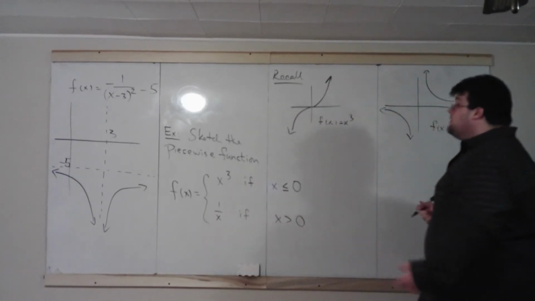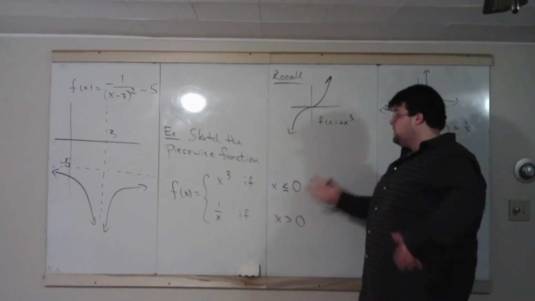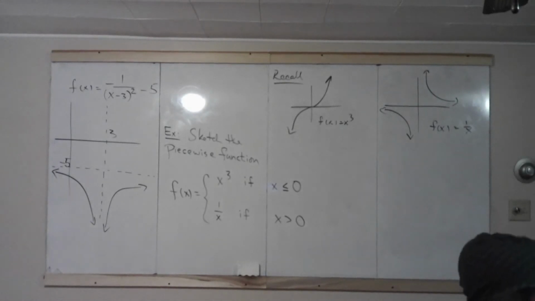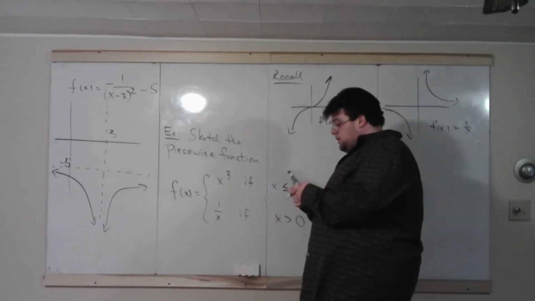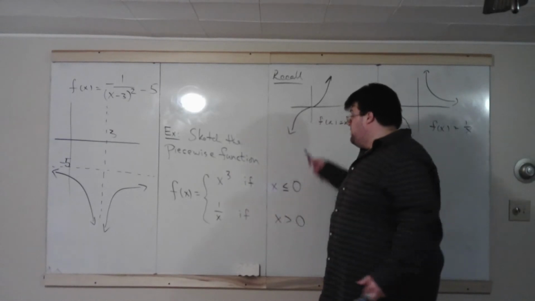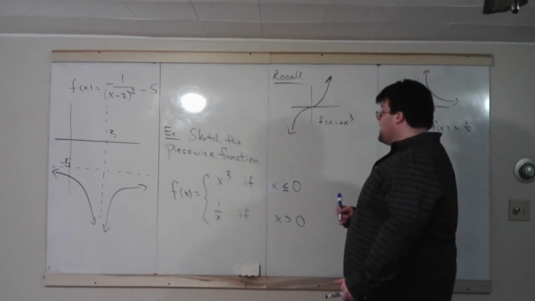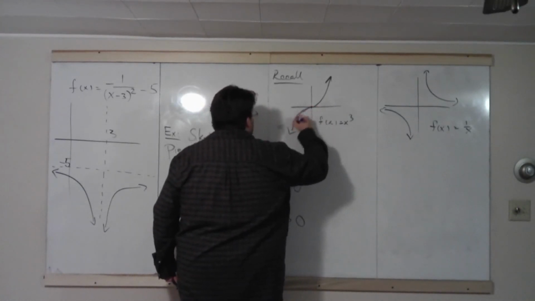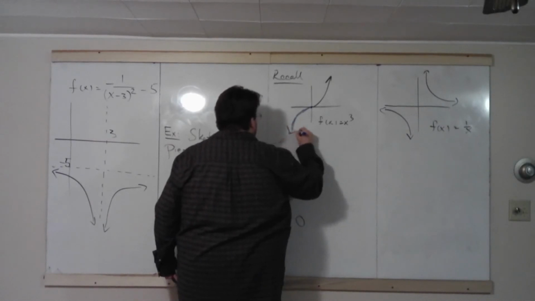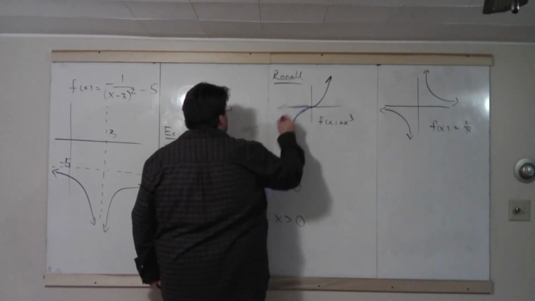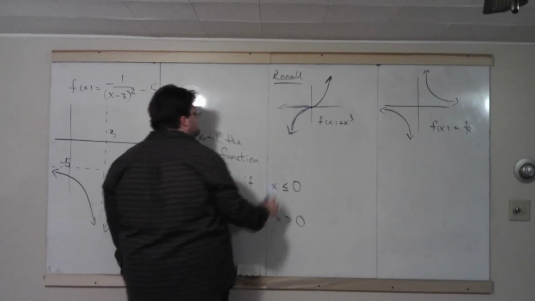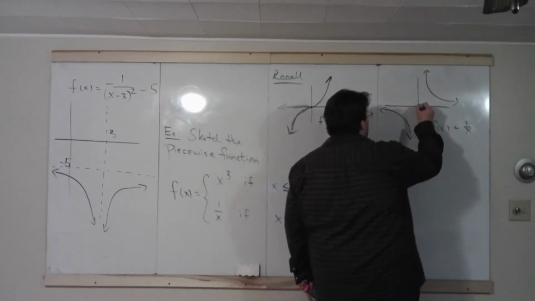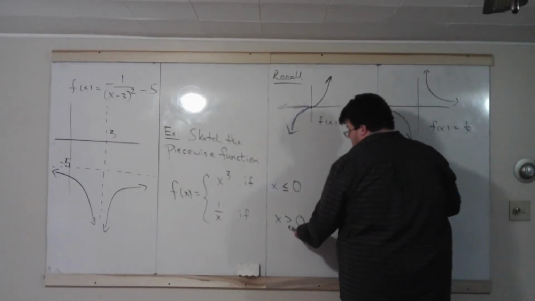So this piecewise function is this for these x values, and it's this for these x values. So what we want to do is piece those together given our pieces of the domain. Well, I have a blue marker, so let's mark off this piece of the function on this domain. Where's x less than or equal to 0? Well, x equals 0 is here. X less than or equal to 0 is that piece of the x-axis corresponding to this piece of that function. X greater than 0, we don't have x equals 0 here.